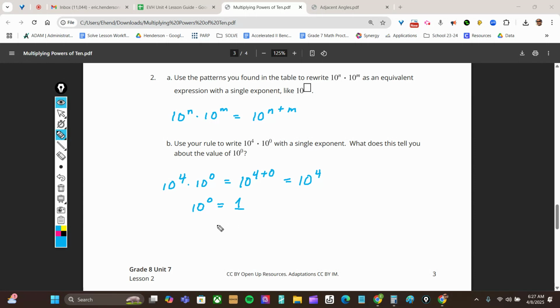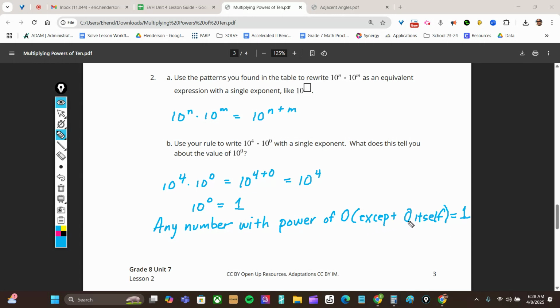So any number with power of 0, except 0 itself, equals 1. And I needed a parenthesis there.